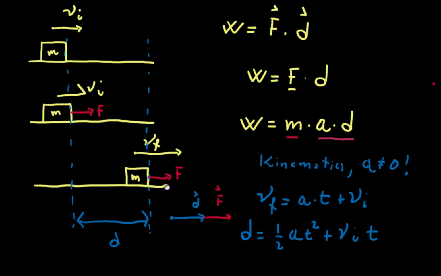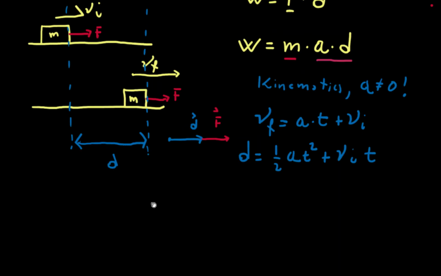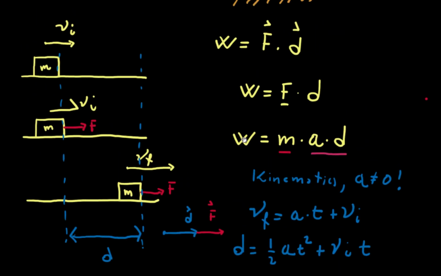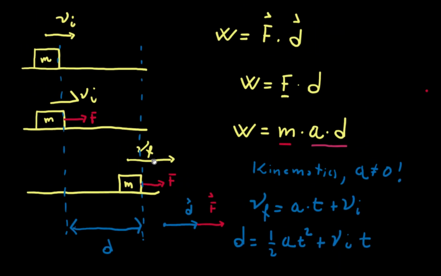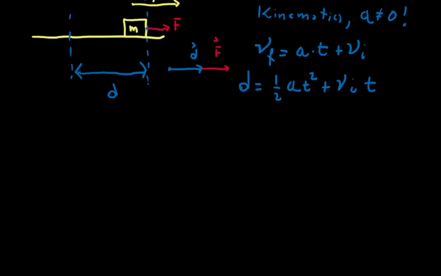So let's see if we can tie the concept of work to the kinematics of the motion. Here is what I'm going to do. I'm going to take this equation, solve for time, and then plug it into this one.